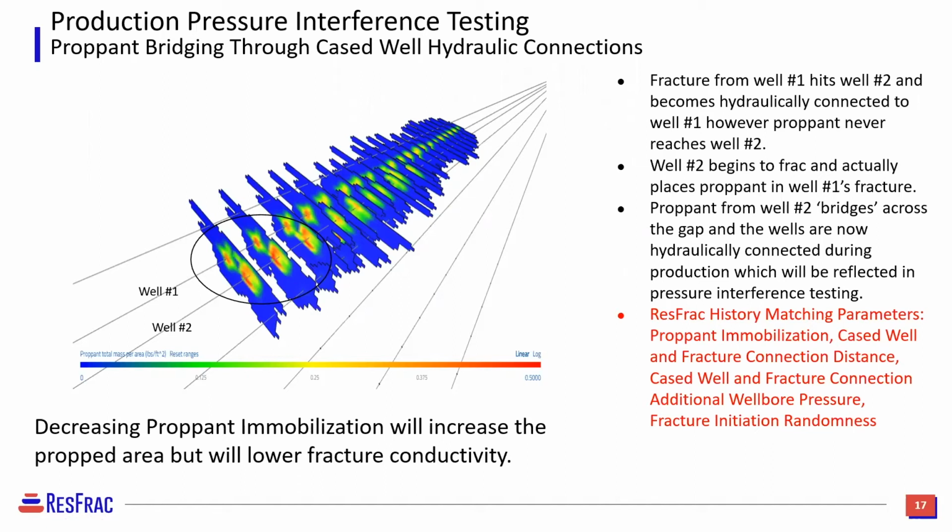You can also create a little extra additional wellbore pressure. So even if they are hydraulically connected, it may take an extra 200, 300, 400 PSI to go through the wellbore and into this fracture. And then another one that was introduced recently to help with maybe the randomness of it is that you can set a fracture initiation randomness parameter.